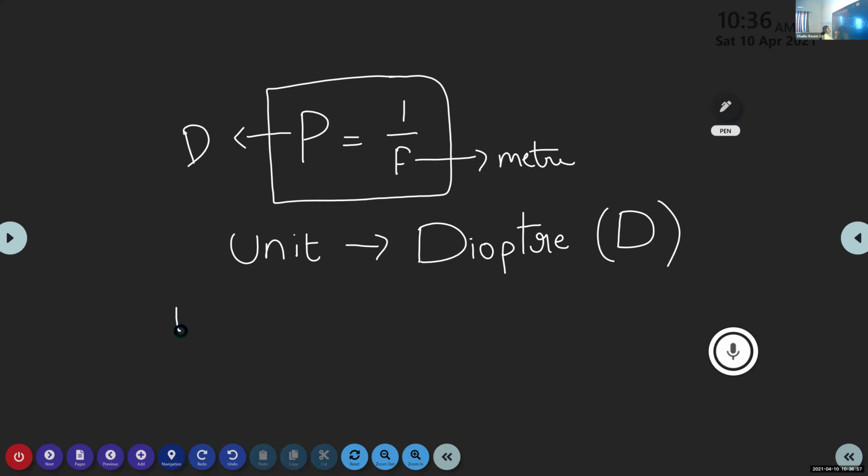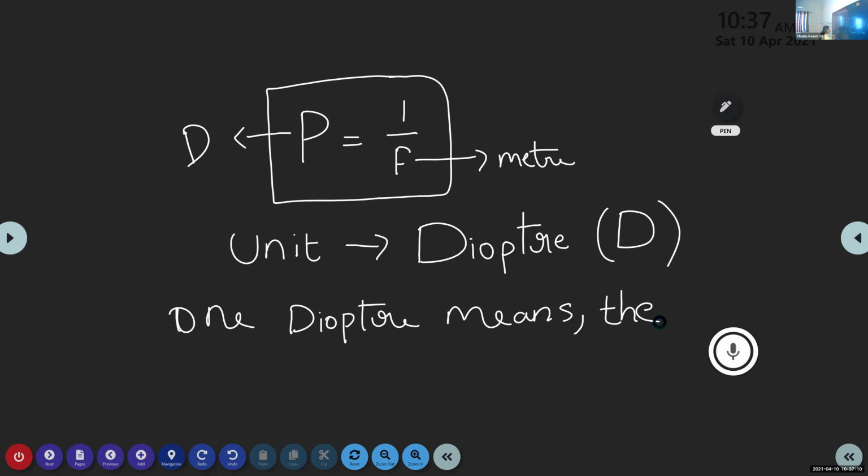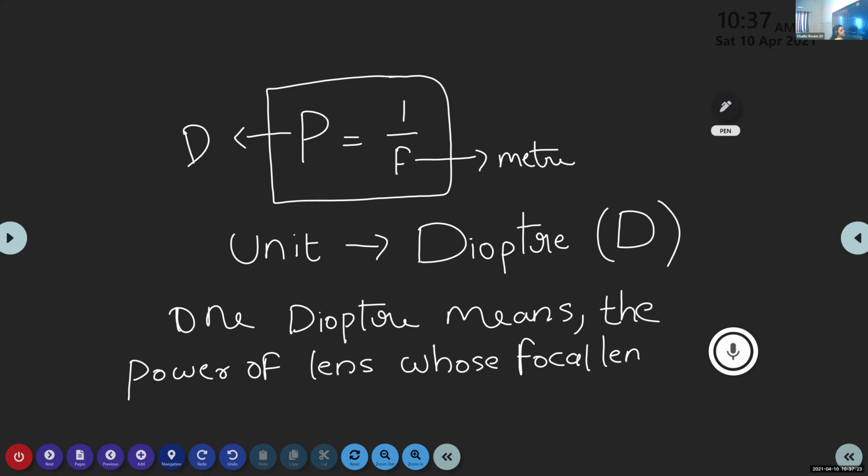Write the definition for 1 diopter. 1 diopter means the power of lens whose focal length is 1 meter.